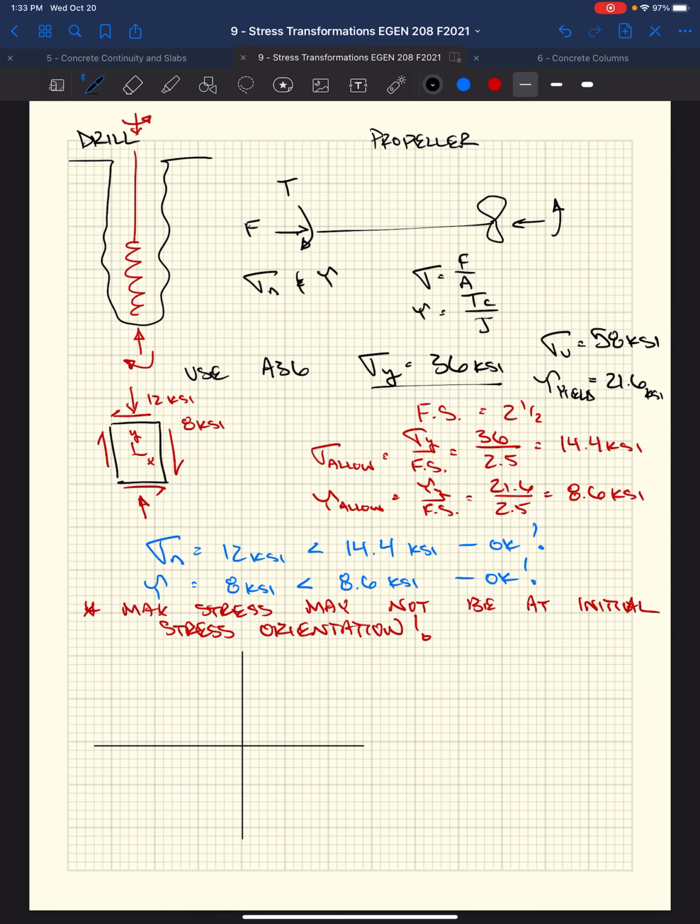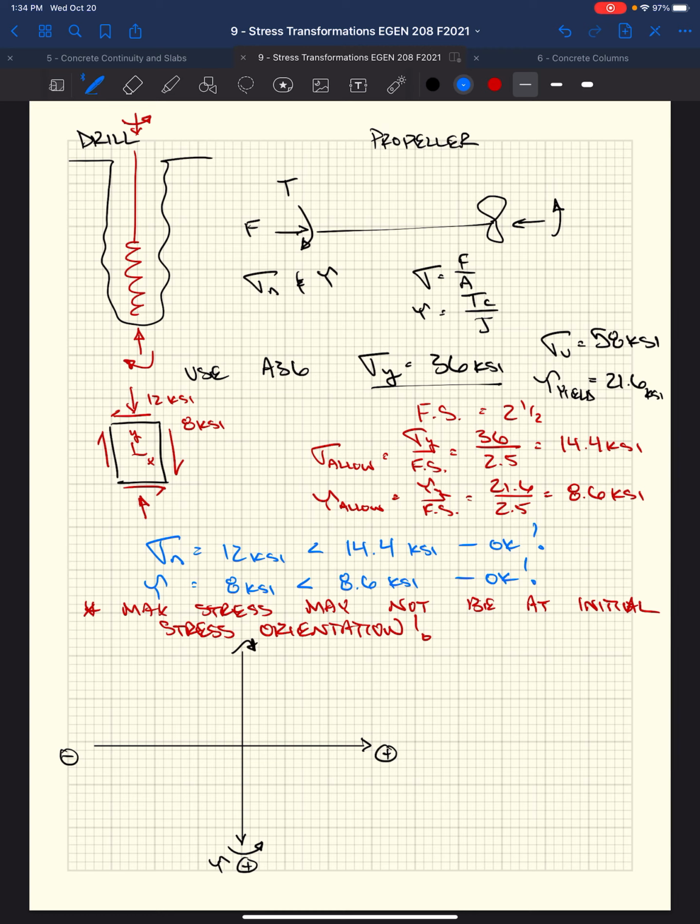All right, so we have our two coordinates. Positive shear downward, which is counterclockwise, positive. We've got clockwise, we've got positive normal stress to the right, negative to the left. Okay, we're gonna plot our 2 points. Well, if we look at our two faces of our initial stress state that we developed, right? X face and Y face.